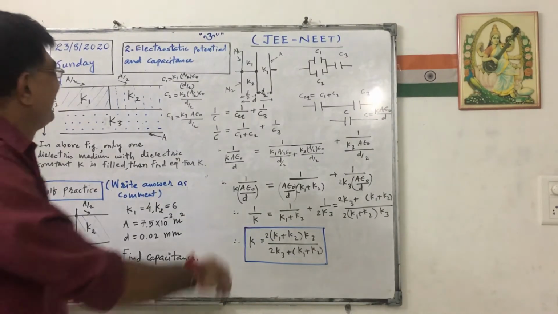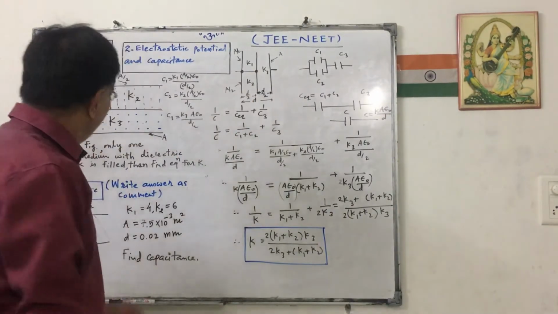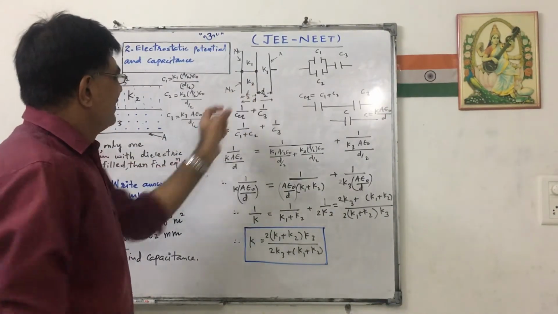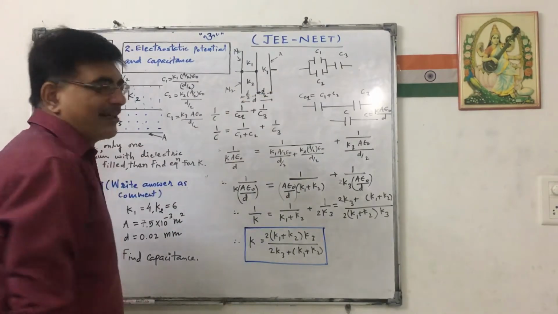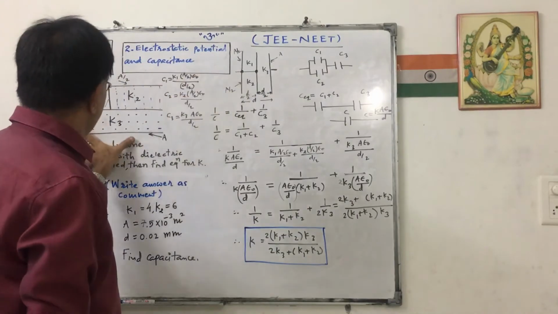This is K1, this is K2, this is K3. This D by 2, the total is D, so this also will be D by 2. This area is A by 2, so this area is A by 2, and this area is A.